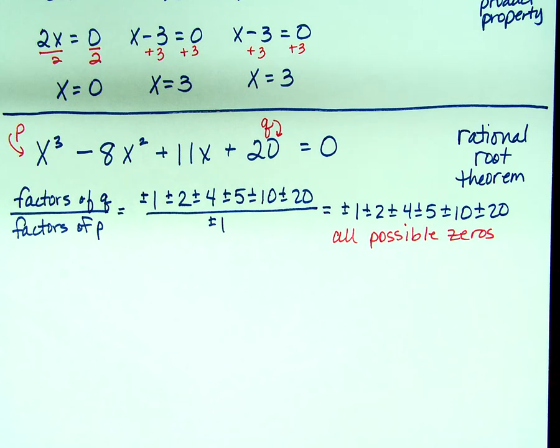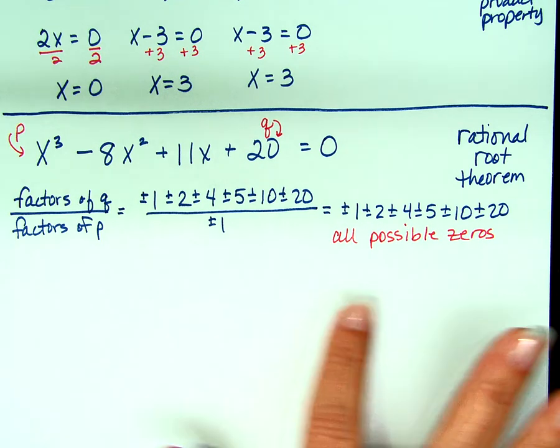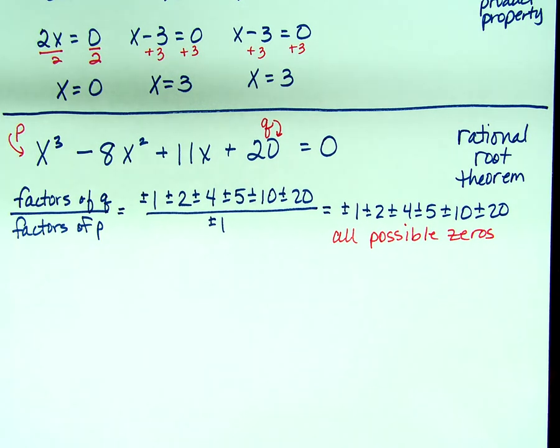And if that's what the instructions are, you are done. And you go to the next problem. If it says solve, you have to list all possible zeros first and then actually figure out which ones of the zeros work.